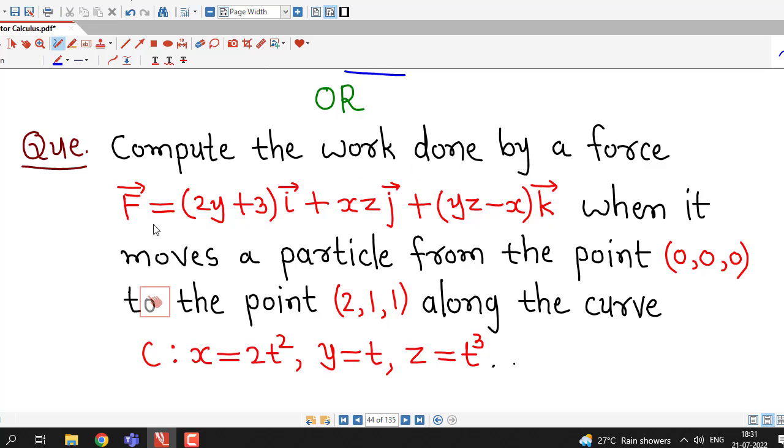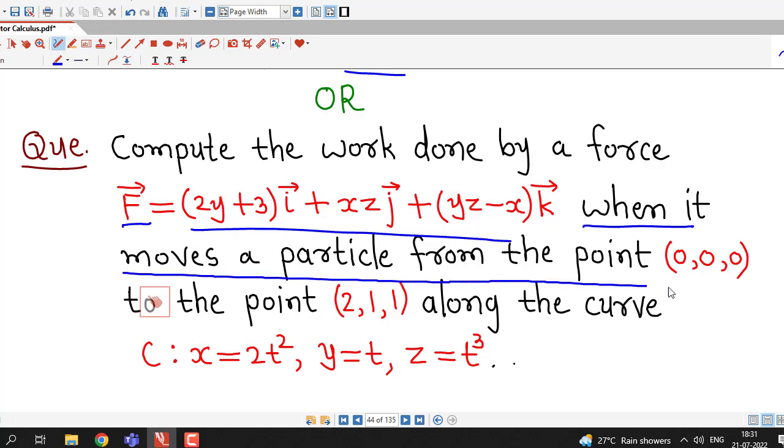Compute the work done by a force given by this vector field when it moves a particle from the point 0, 0, 0 to the point 2, 1, 1 along the curve given by x equal to 2t square, y equal to t, z equal to t cube.